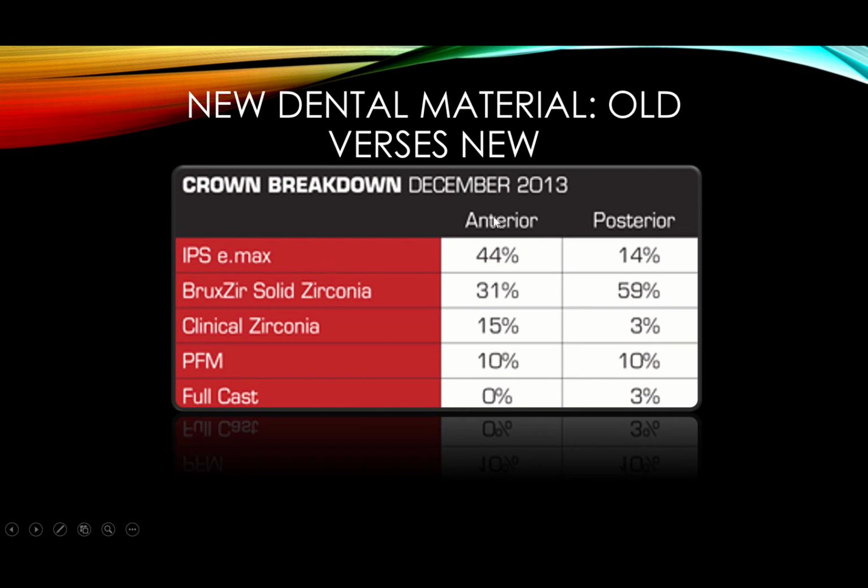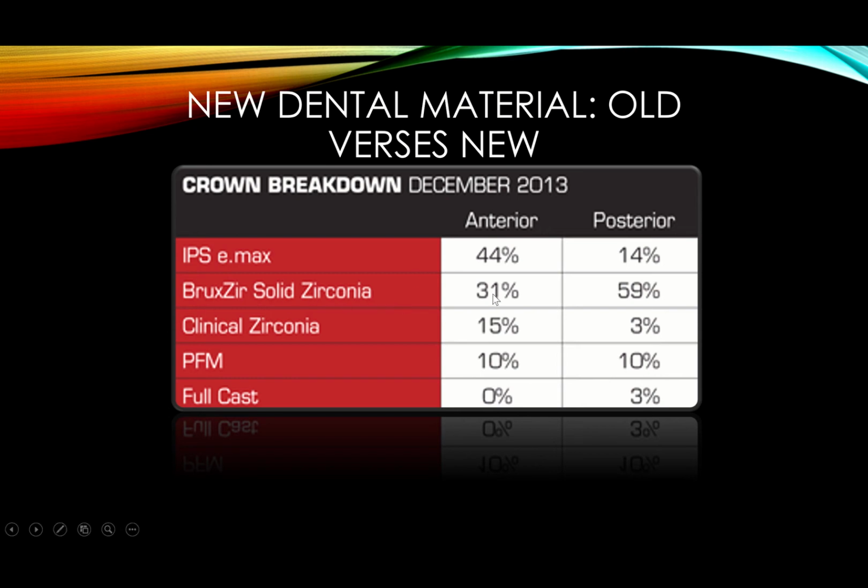For lithium disilicate, the anterior breakage is 44%, while the posterior breakage is 14%. Isn't that surprising? Aren't we supposed to see more breakages in the load zone, in the occlusal posterior functional zone, than we see in the anterior zone, in the aesthetic zone? So that's something, you know.